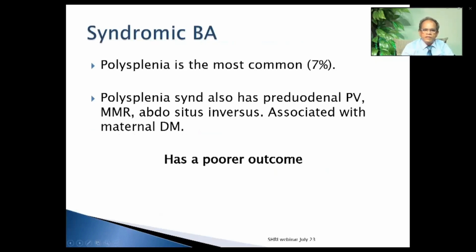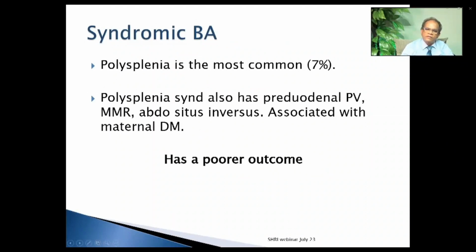The syndromic biliary atresia, the commonest one is polysplenia, which is about 7%. And the patients with polysplenia also have other associated anomalies, like a preduodenal portal vein, midgut malrotation, situs inversus, and associated maternal diabetes also.